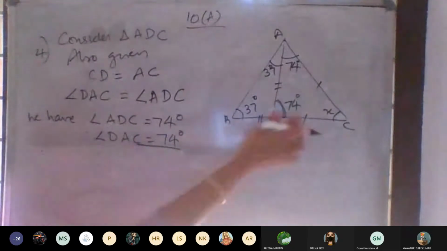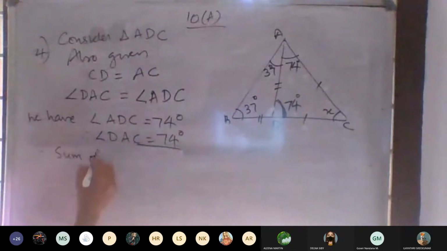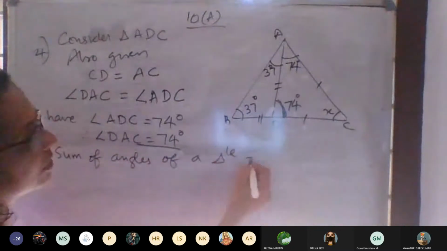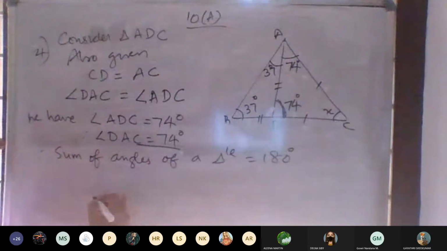Then in the same triangle, the sum of angles of a triangle is equal to 180 degrees.